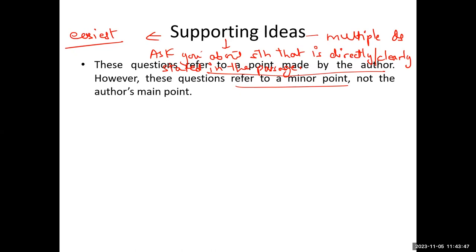For that, GRE sometimes makes it very easy for you. Sometimes GRE will tell you, in line number 12, author mentions this because. So where do you go for the answer? Go to line number 12. Or it will say, in paragraph number 2, author mentions hungry lizard because. So where do you go? Paragraph number 2.